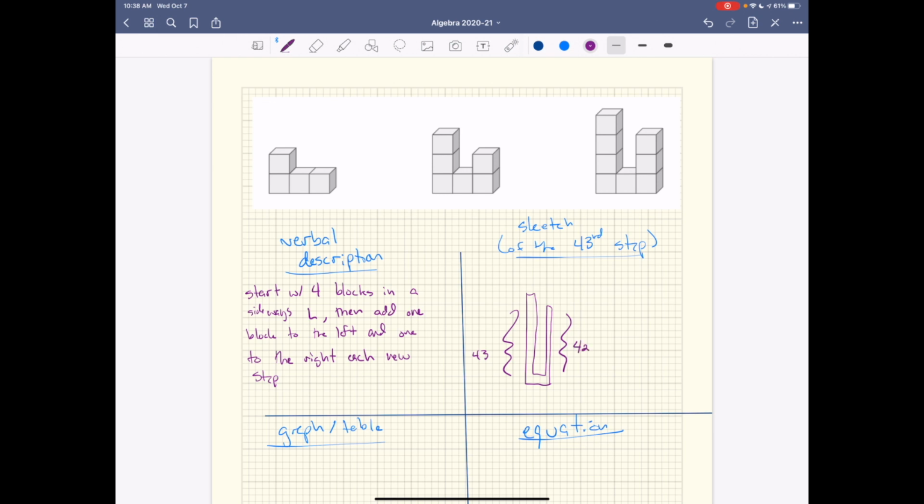Now, Scarlett, I want you to come back over to the picture. So this is step 1, right? This is step 2. This is step 3. In step 1, what was the arrangement of blocks on left and right? Like how many? 2 and 1, right?